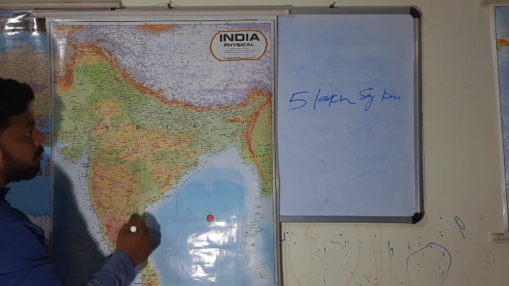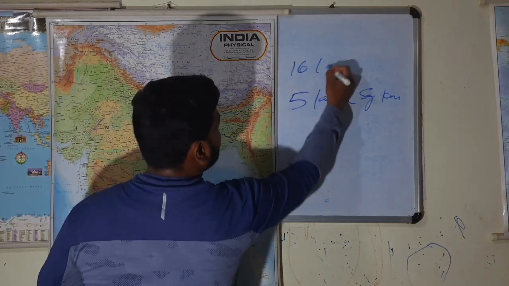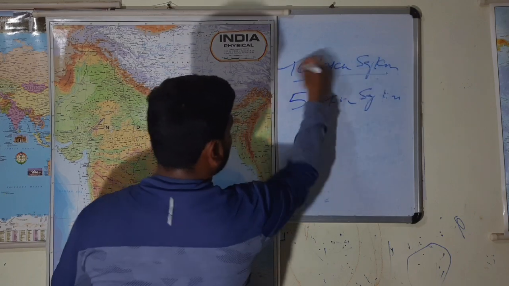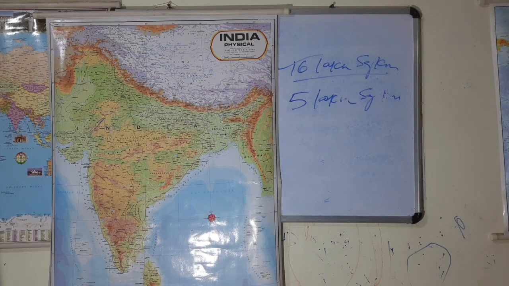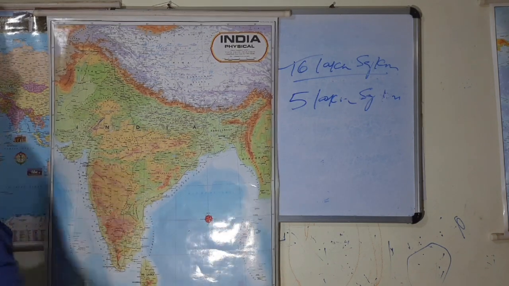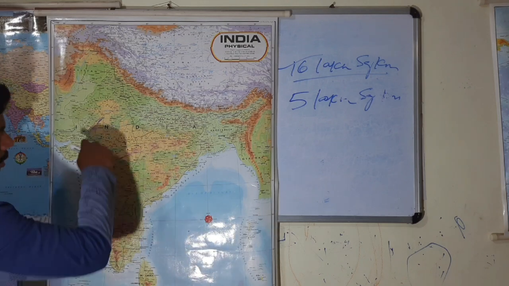The peninsular plateau size is 16 lakh square kilometers, which is why it is the largest physiographic division of our country. And within the peninsular plateaus, the Deccan plateaus is the largest.